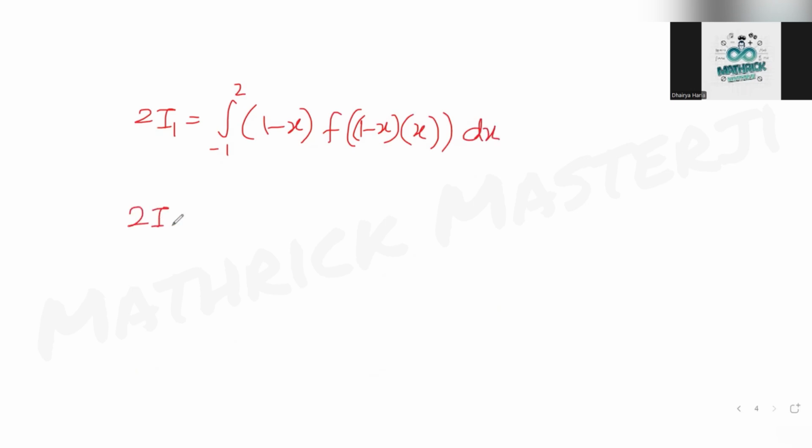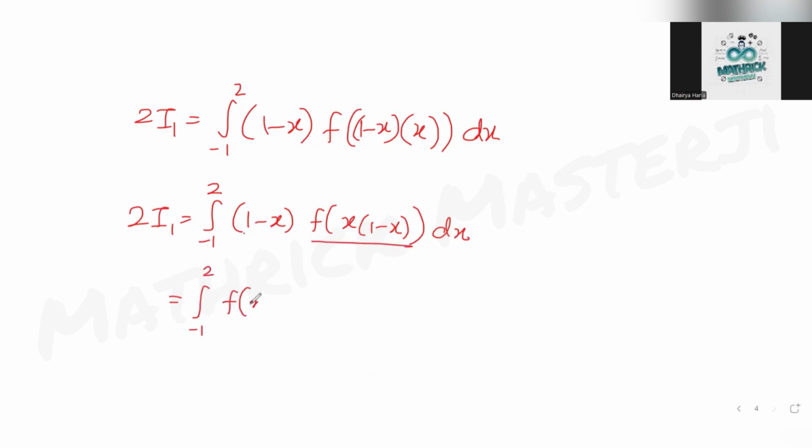So from here I get 2I1 is the integral from minus 1 to 2 of 1 minus x into f of x into 1 minus x dx.